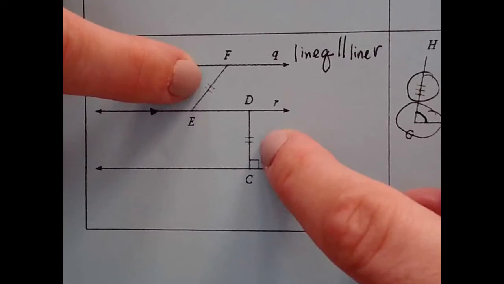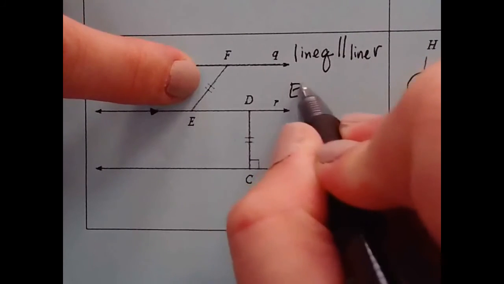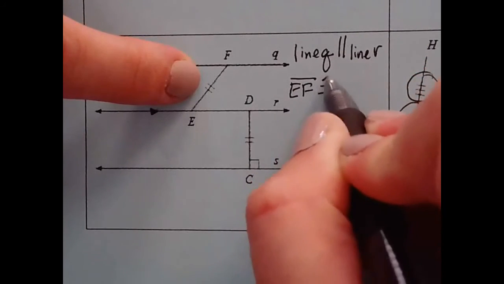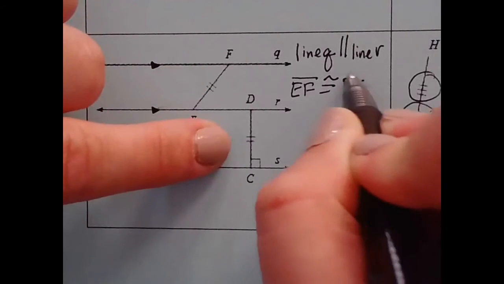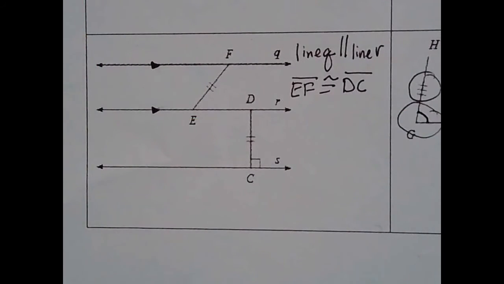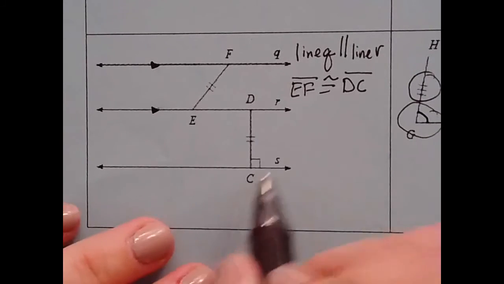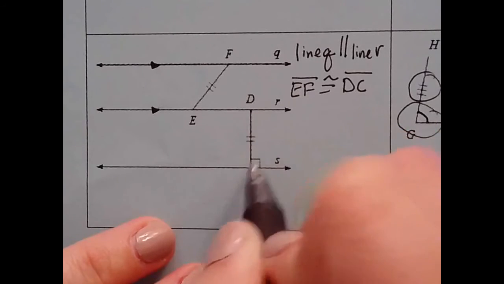The last piece is this 90 degrees angle. What's that denote for us? Perpendicular. Very good. So we have DC is perpendicular to this line down here. That line only has 1 point on it, so what must I call it? Line S.